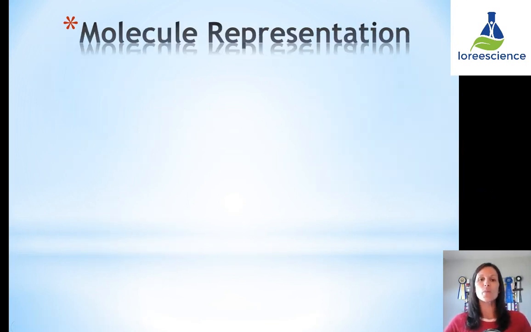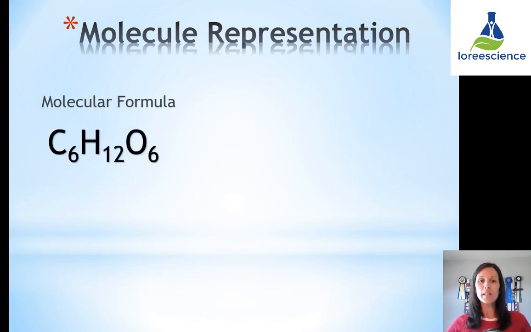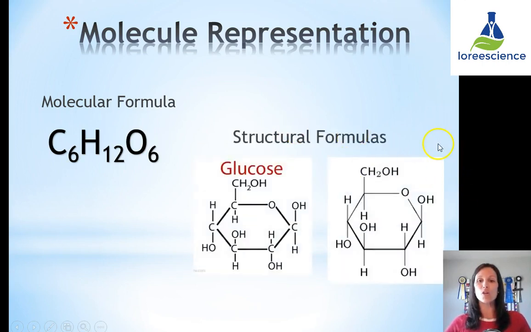Also, there are different ways that we're going to see molecules represented in this course. There are molecular formulas where you're going to see the elements with the subscripts representing how many atoms of each element. You're also going to see different structural formulas. So for example, we have glucose here. Notice the difference is in this case, the carbons are not drawn. That's because when we draw a bend, any bend like that indicates carbon.